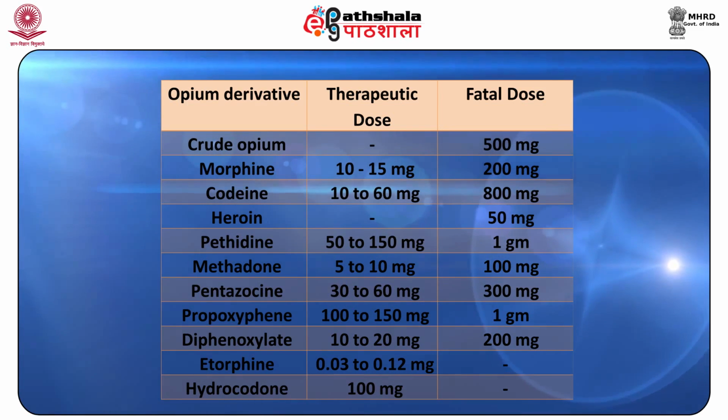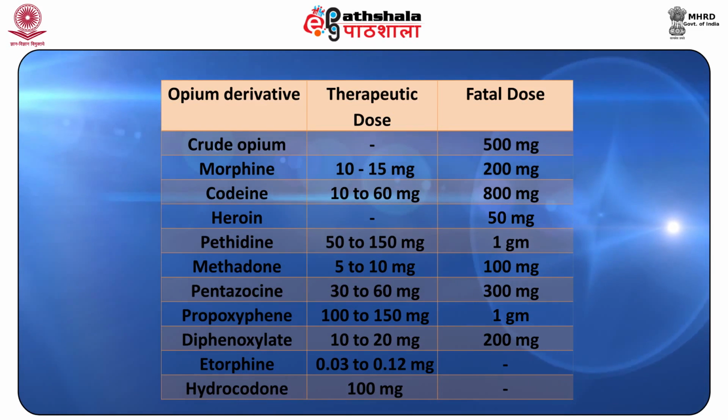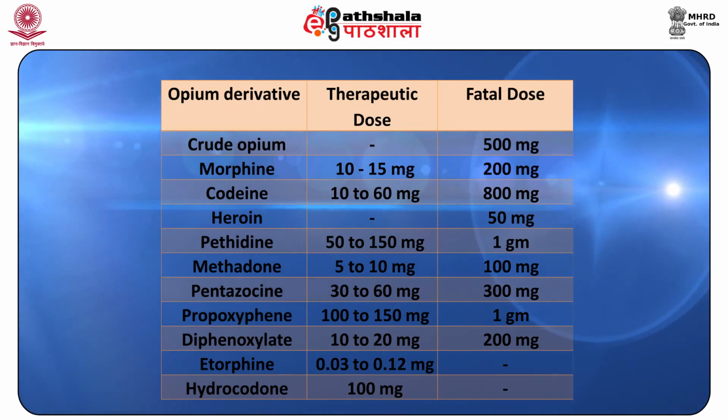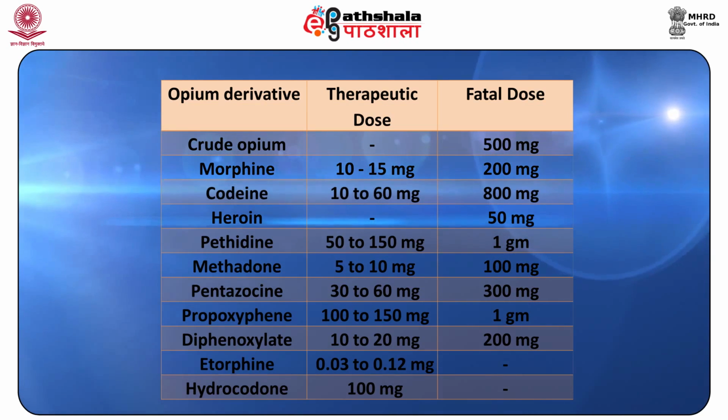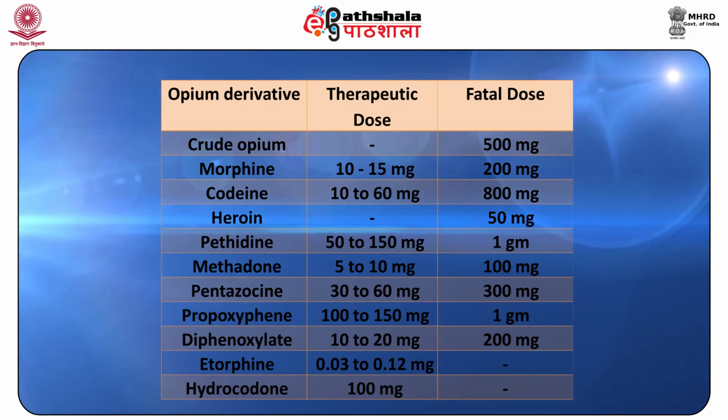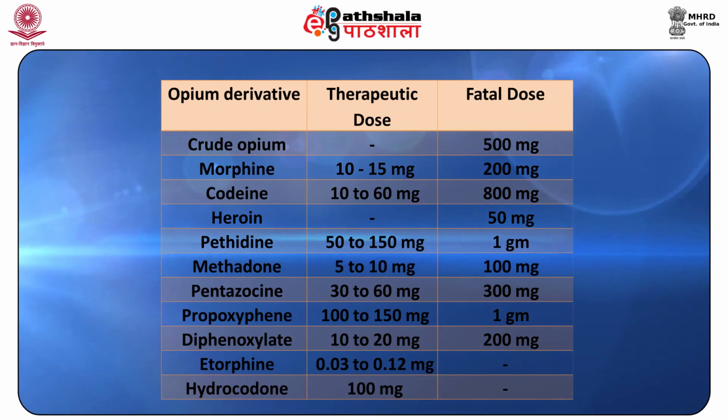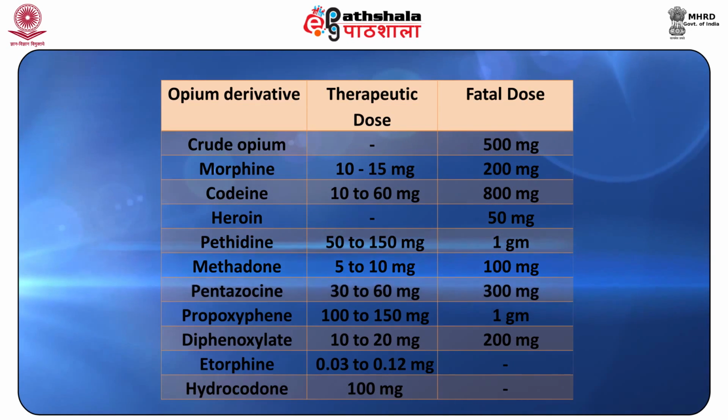Next we have pethidine. Pethidine has the therapeutic dose of 50 to 150 mg, whereas the fatal dose of pethidine is only 1 gram. Next is methadone.